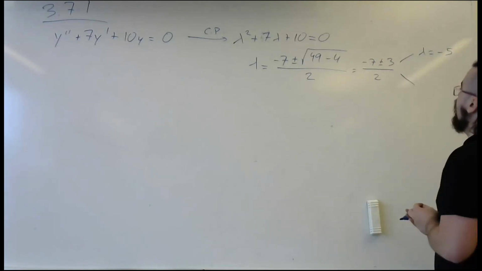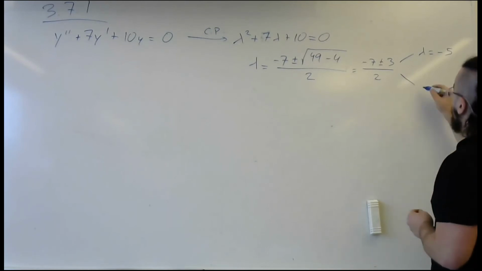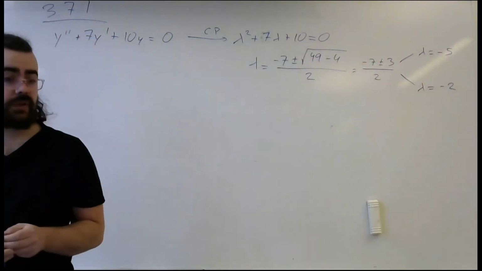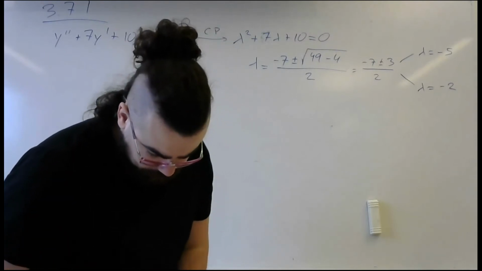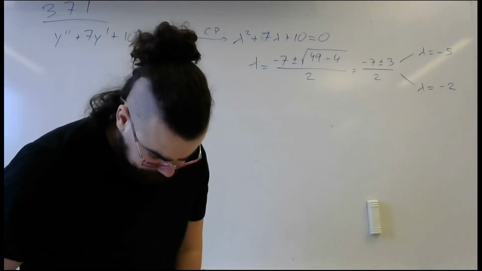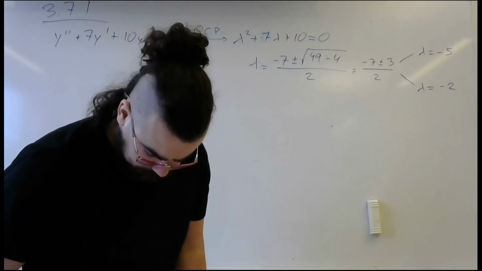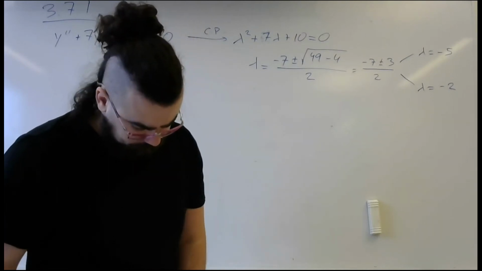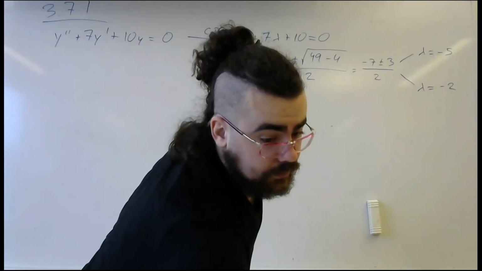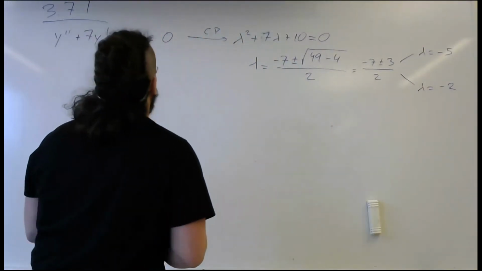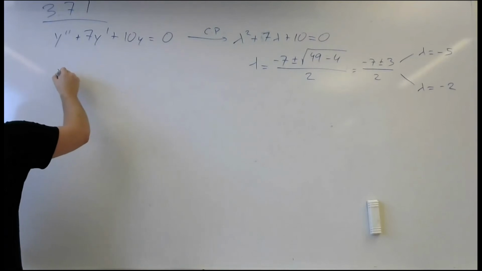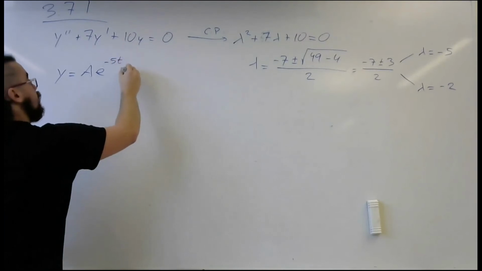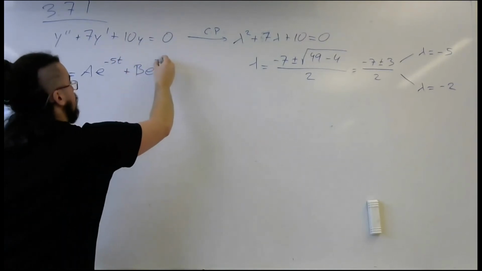So either -5 or -2. And since these values are both real, the solution is something like a e to the power -5t plus b e to the power -2t.